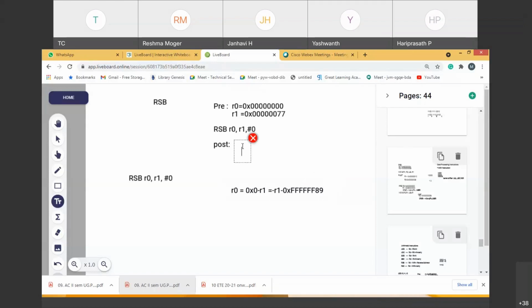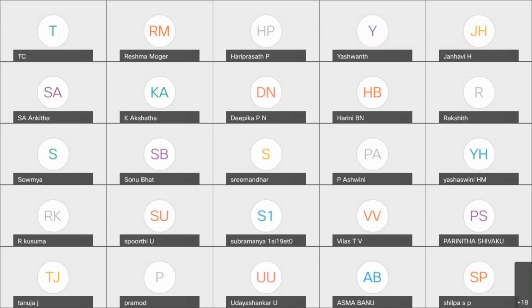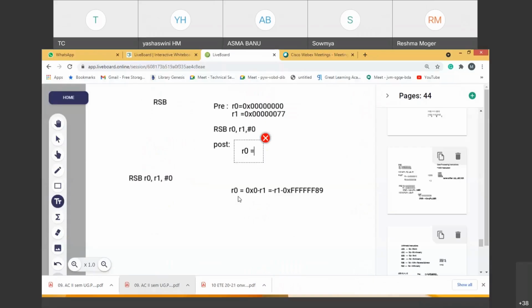So that value I should write here as the post. What is the value of R0? R0 is nothing but minus R1, we can say for our understanding.